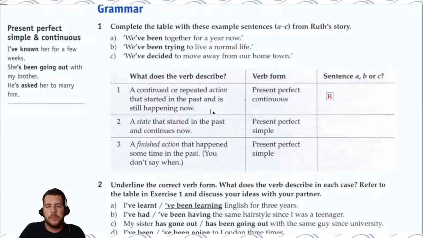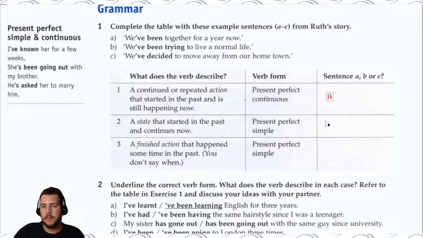Okay, so now we have two present perfect simples, A and C. Let's analyze. Which one of the sentences, A or C, describes a state that has started in the past and continues now?